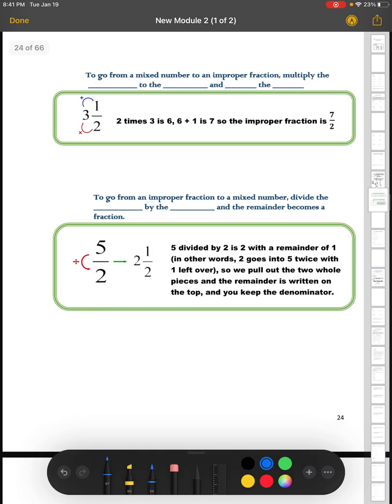To go from a mixed number to an improper fraction, multiply the denominator to the whole number and add the numerator.